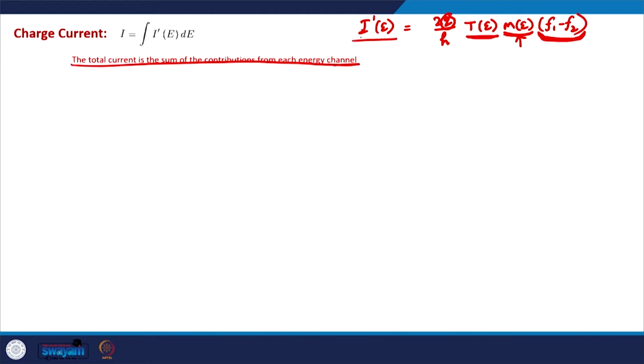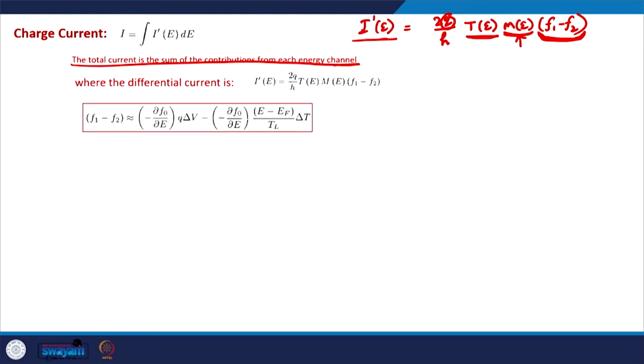So, we need to integrate this I prime(E). So, the total charge current I is given by the integration of this. This differential current is given by this value. And as we now know very clearly, F1 minus F2 is minus del F0 by del E times q delta V minus del F0 by del E times (E minus EF) by TL times delta T. So F1 minus F2 is dependent both on applied voltage and applied temperature difference.